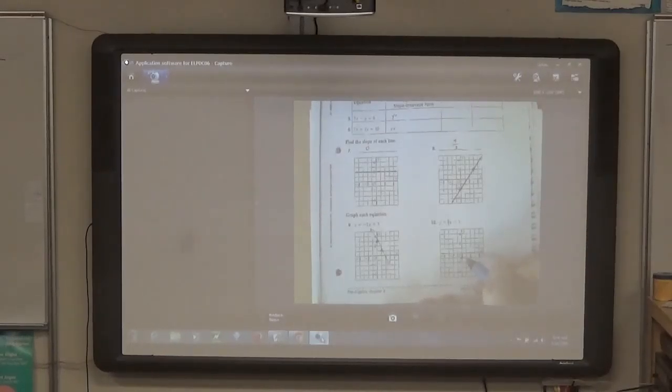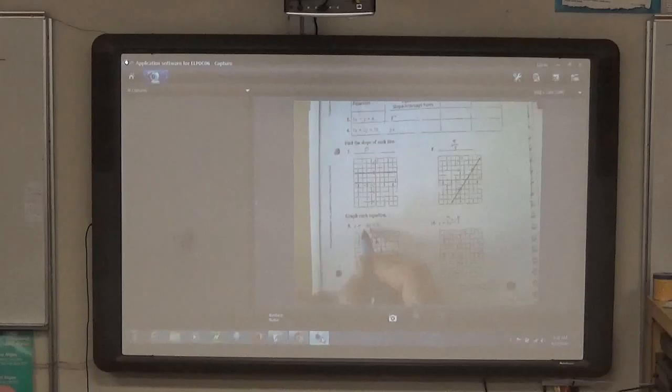How would you find the next point using the slope? Johnny, how would you use m? Well, just look at your paper. This is number 10. How would you mark the next point?